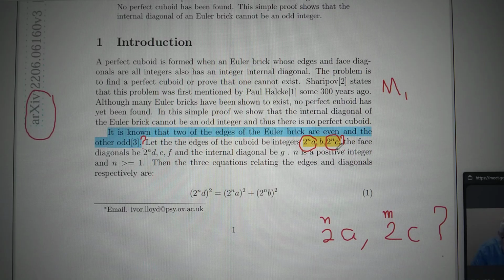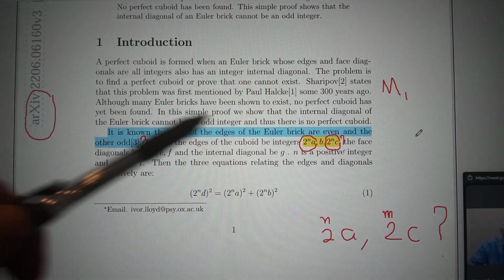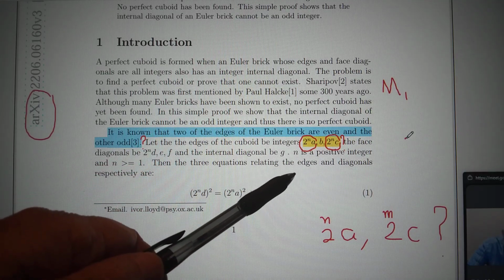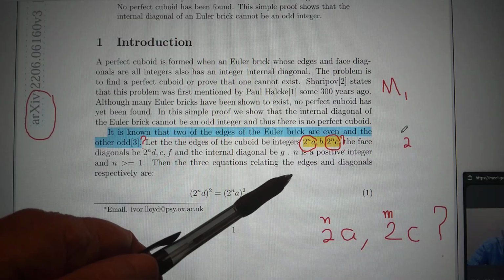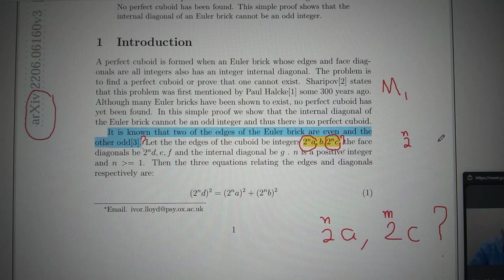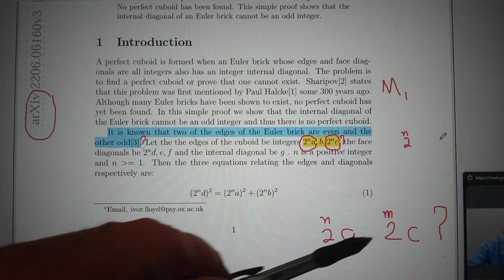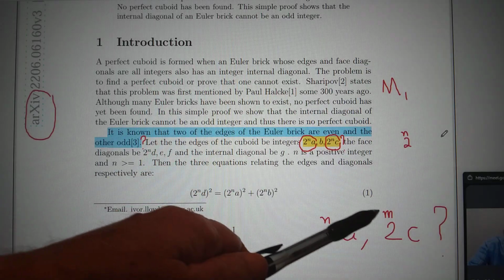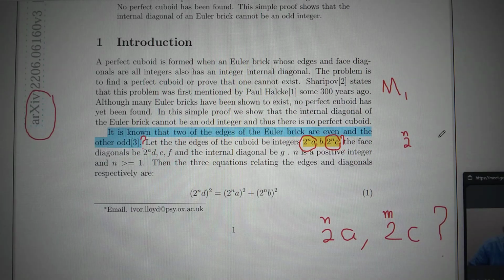Why is the other made common between those two lengths, 2 to the n, is common? Why? Possibly 2 to the n, the second one 2 to the m, or maybe n equals m. We don't know. We don't know. And why are you telling they are even?